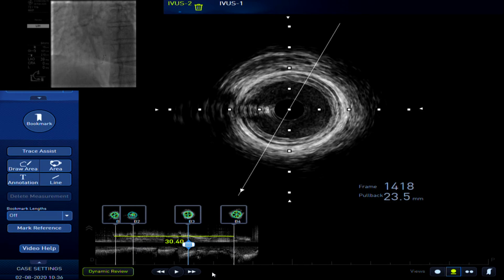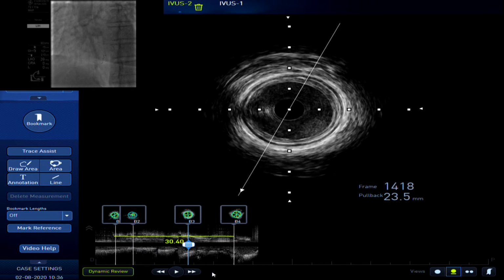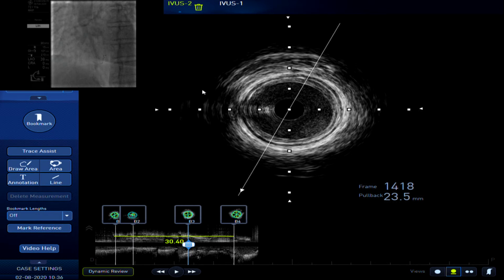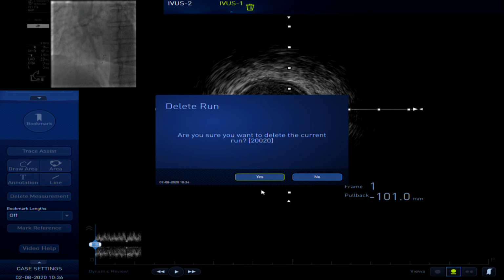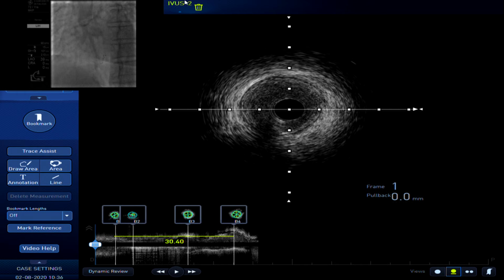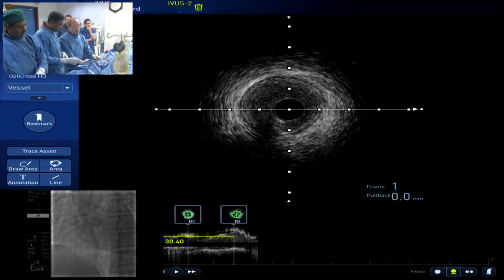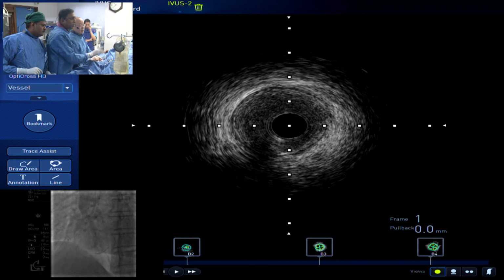Which size? 3.0? 2.5, 3, 3.5. Okay. 15. 15. Distal wire, just check it. Yeah, it's okay.